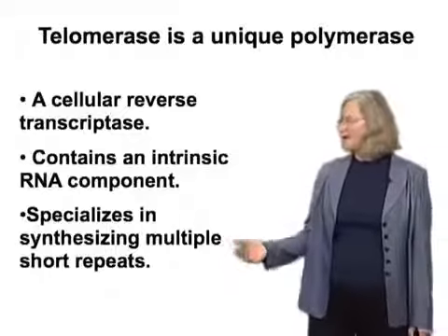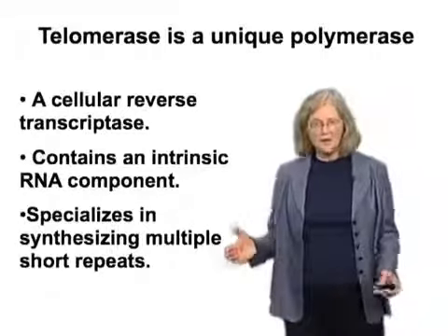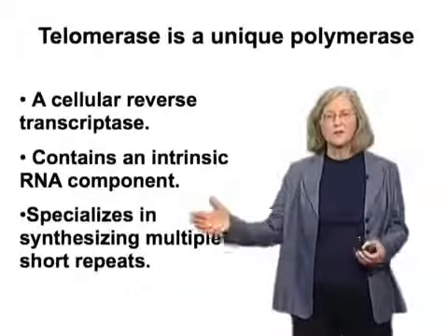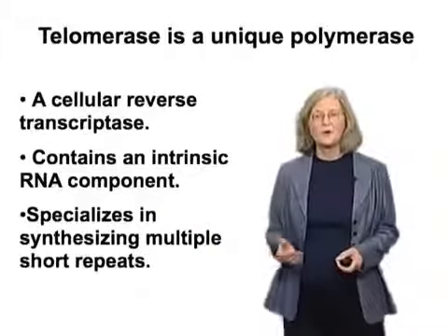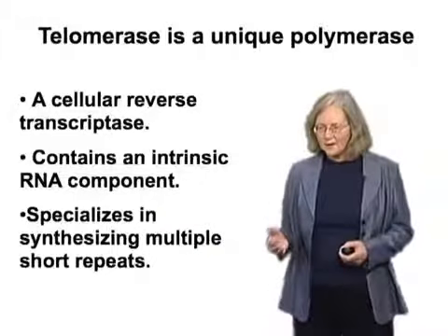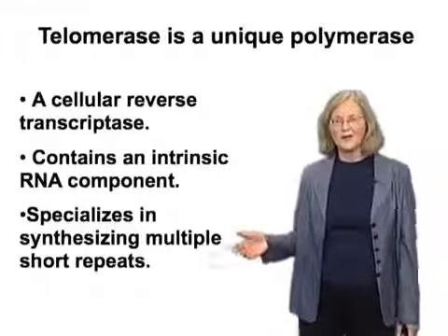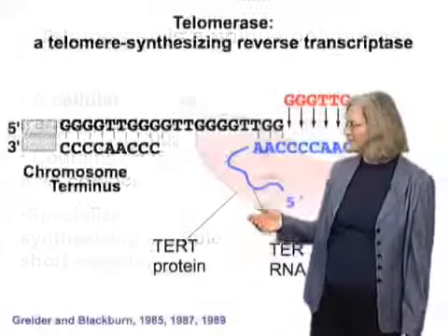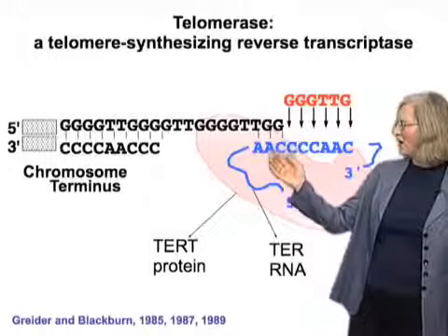And unlike, for example, the reverse transcriptases that copy, say, the HIV viral genome, which is a genome thousands of nucleotides long, a very complicated sequence which encodes proteins, this enzyme copies very short sequences over and over again. And it does it by this process of aligning the DNA end on the template.